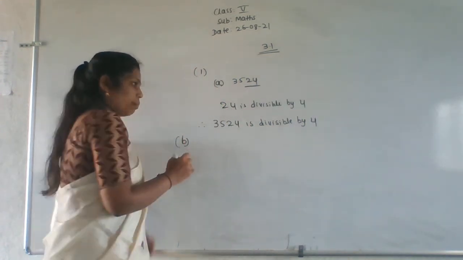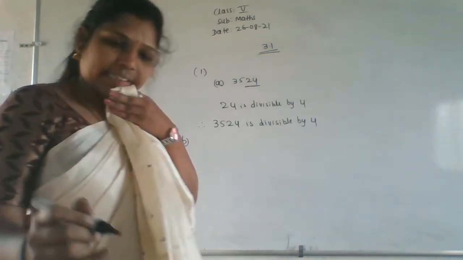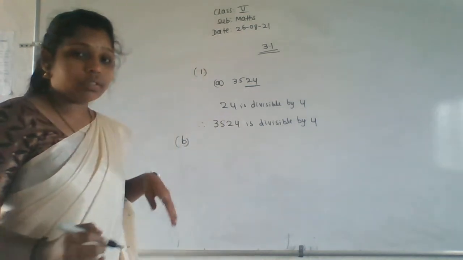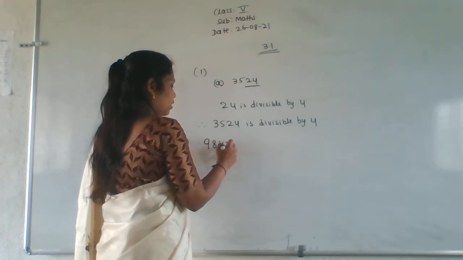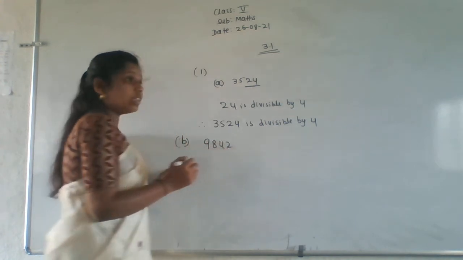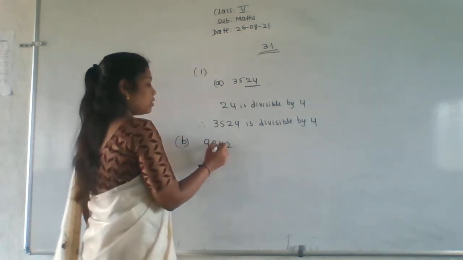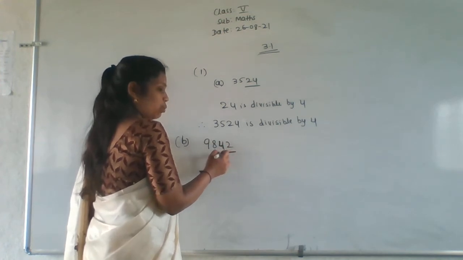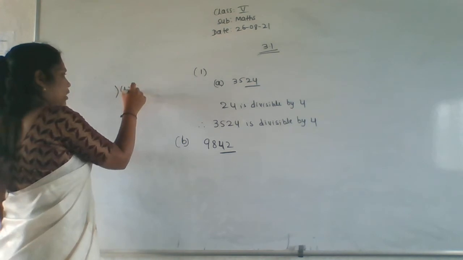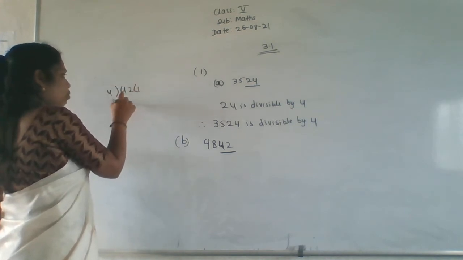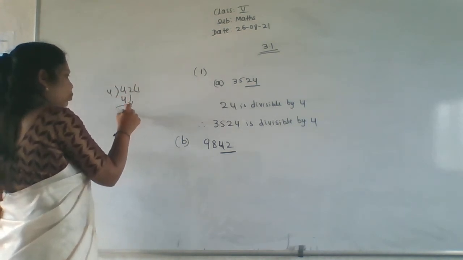Next one is B1. What is B1 here? 9842. What are the last two digits here? 42. Now observe, divide 42 by 4. 4 ones are 4, here 0, again 2 left.